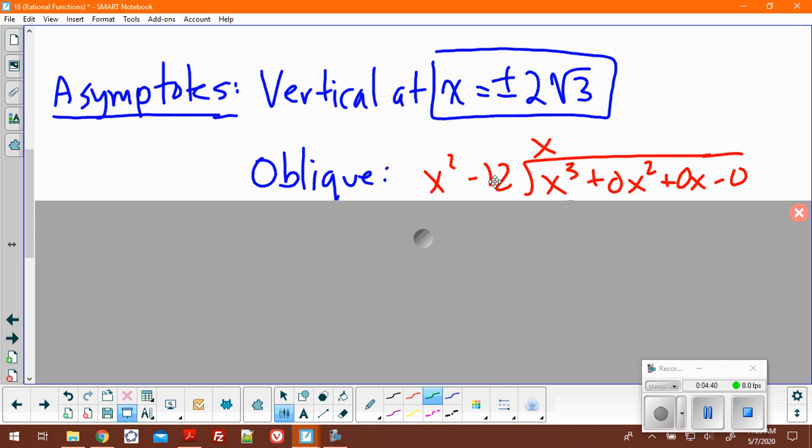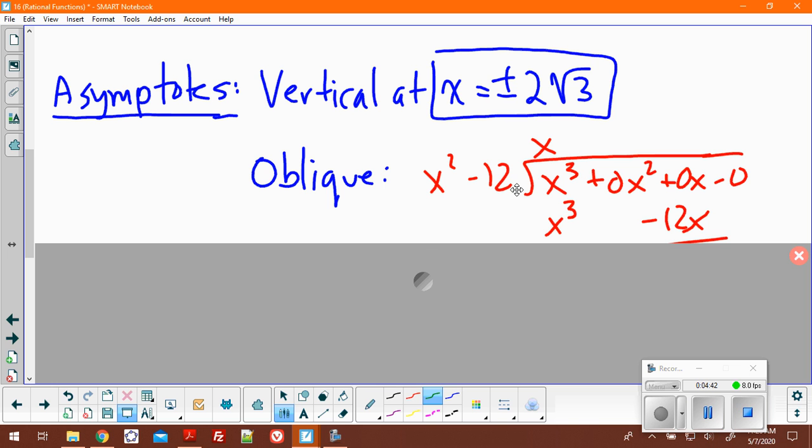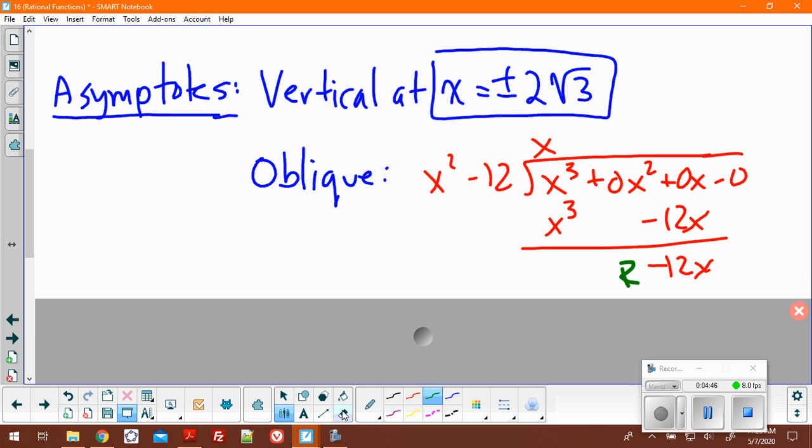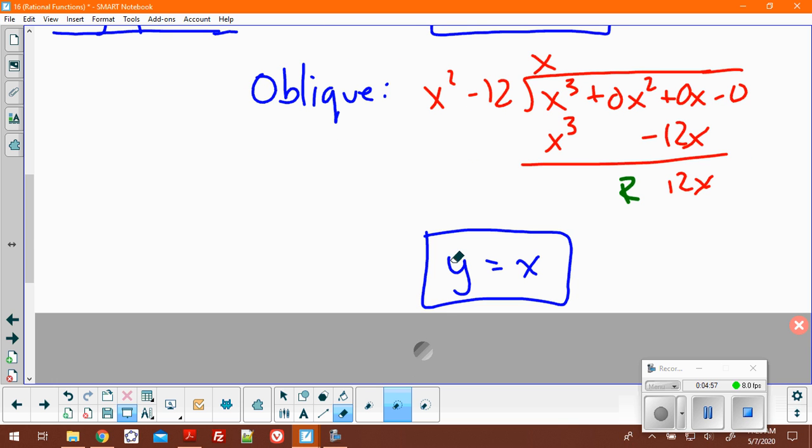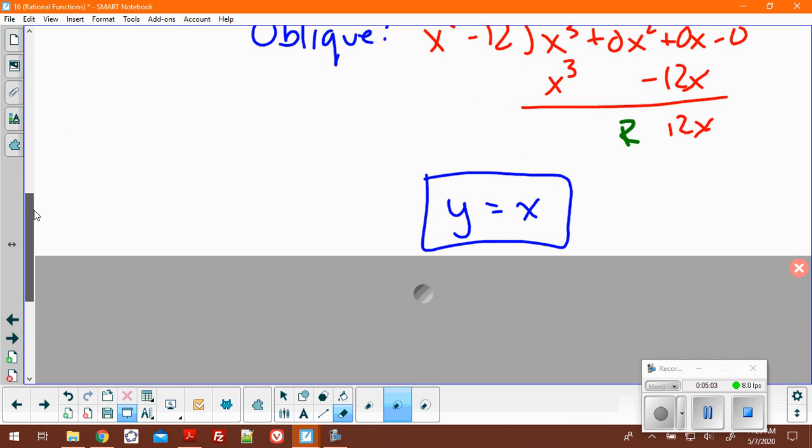When I multiply it by x, I get x cubed minus 12x. When I subtract, it should just be positive 12x there. But I can't do anything more because this degree is higher. So that's my oblique asymptote. My oblique is the line y equals x. So this function has three asymptotes, two vertical and one oblique.